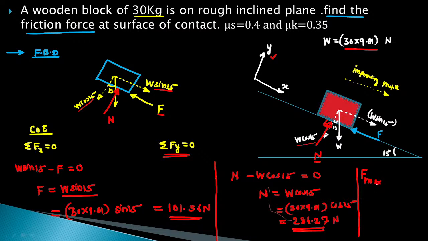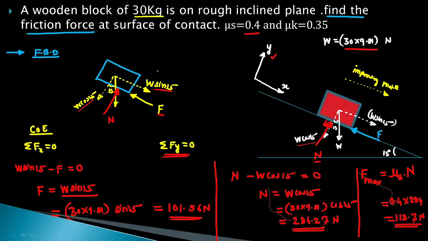F max is equal to mu s into normal reaction. Mu s is given as 0.4, into normal reaction 284, so this is 113.7 Newton.